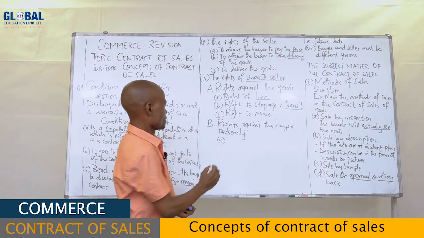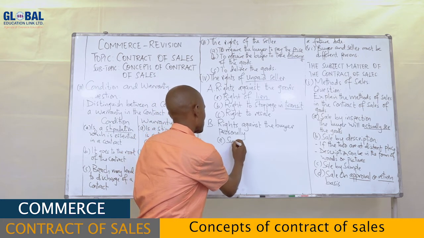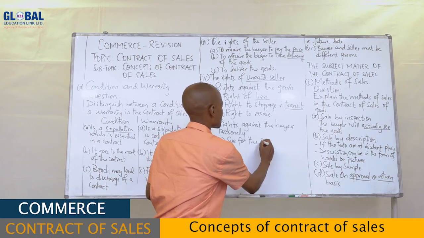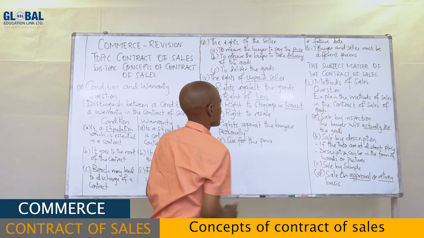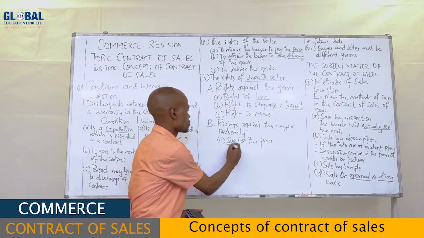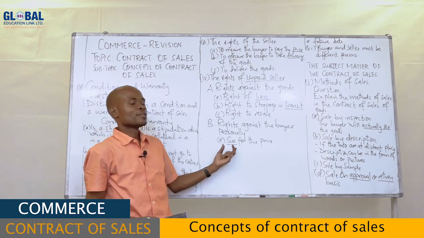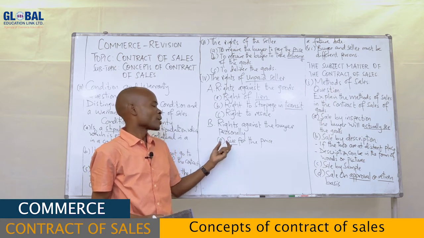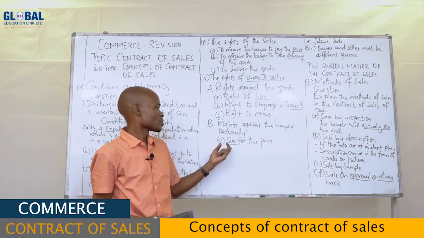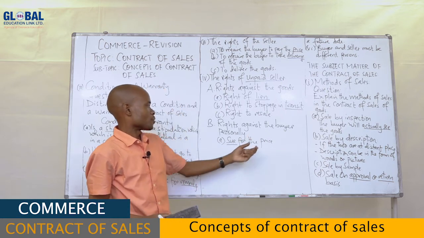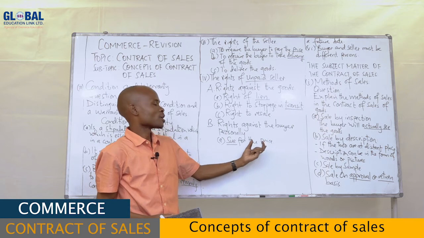Number one, sue for the price. To sue means the seller will rely on legal action against the buyer when the buyer is not able to pay.